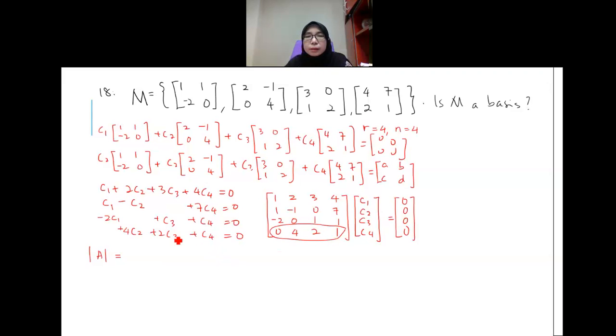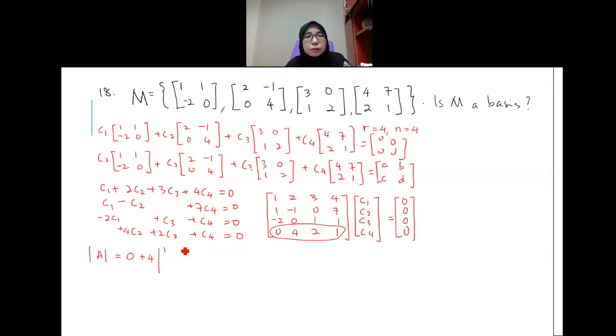Okay, we start with this one, positive, negative, positive. So this is negative, negative. So negative 0 is negative, it's just 0. Plus 4, okay, determinant of submatrix. Determinant of submatrix is this is 4 by 4. So the submatrix is 3 by 3. 3 by 3.